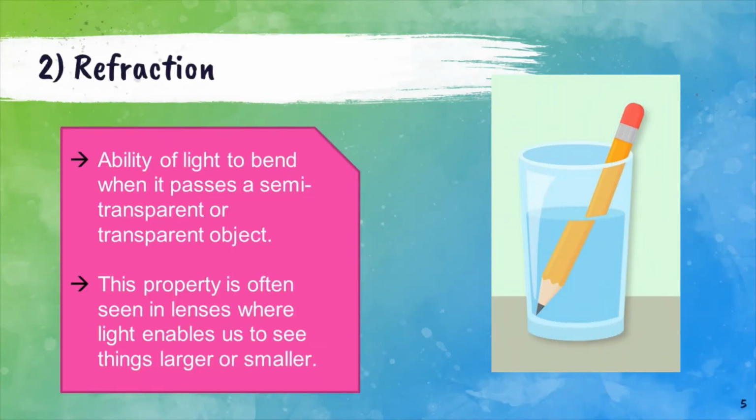Refraction, the ability of light to bend when it passes through a semi-transparent or transparent object. This property is often seen in lenses where light enables us to see things larger or smaller. For example, in this picture we have a glass of water, and a pencil.